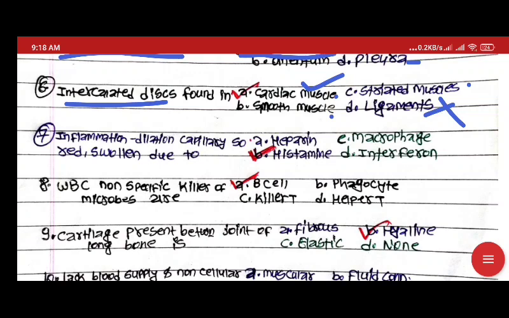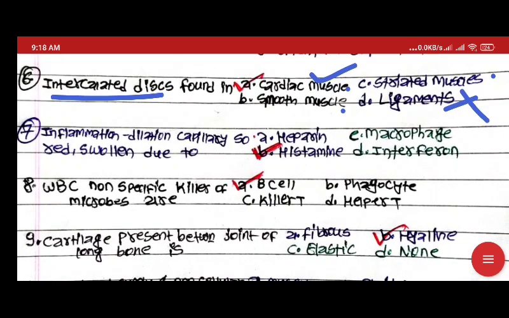Inflammation, dilation of capillary, show red swelling due to. So this is part of what? If someone gets infected, or has allergy type or inflammation, then histamine is for allergy or infection. This occurs.